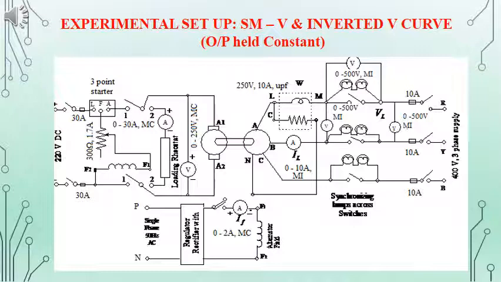And on the right side we have the synchronous machine, initially operated as a synchronous generator or alternator, and later operated as a synchronous motor. At the bottom you can see the field winding of the synchronous machine.